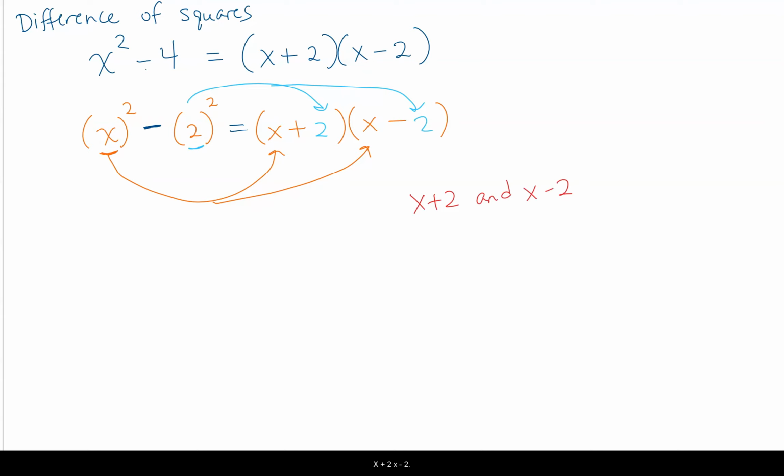X plus 2 and x minus 2 actually have a special relationship because they are the same terms, just with a difference in the middle sign. These are called conjugates.